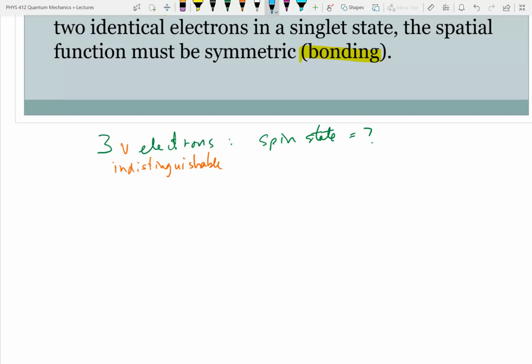So they can't have the same S and M sub S numbers. Well, yes, we do have the Pauli exclusion principle if it is in an antisymmetric state. But we're going to have to find the states before we can determine if it's antisymmetric or symmetric.